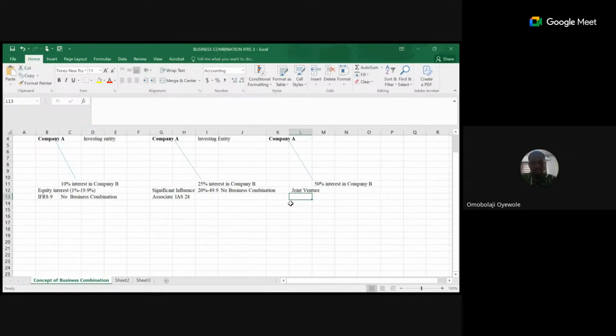So the key thing in these three guys, let me note it here. No business combination.